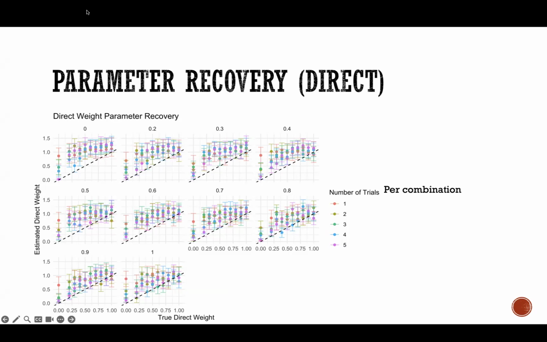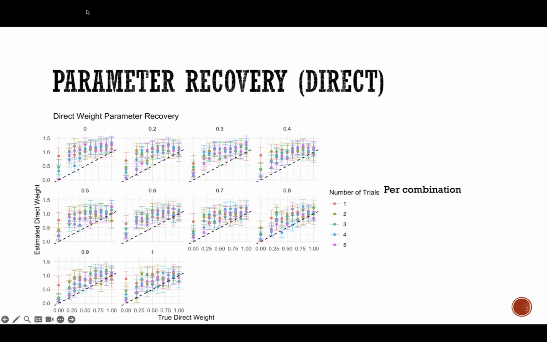I added as color how many times the model is exposed to each combination of the two sources of evidence, so that we can see, in a kind of power and precision analysis, whether issues in the model's ability to reconstruct the true parameter values can be solved just by feeding it more data.